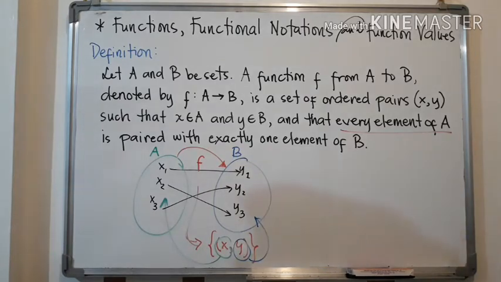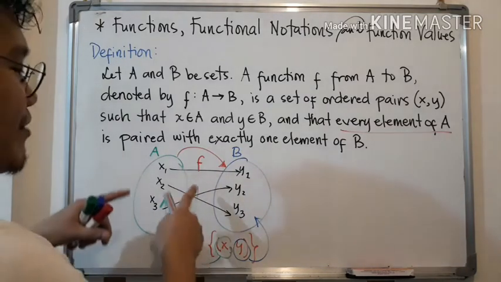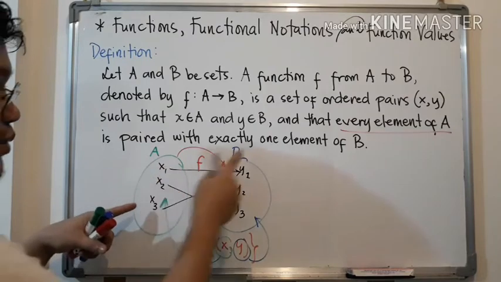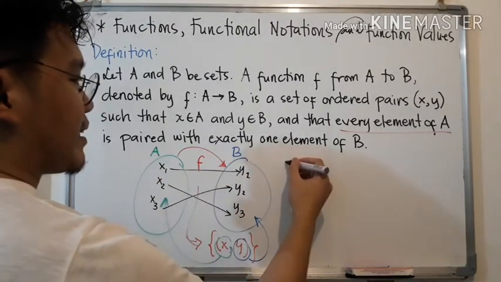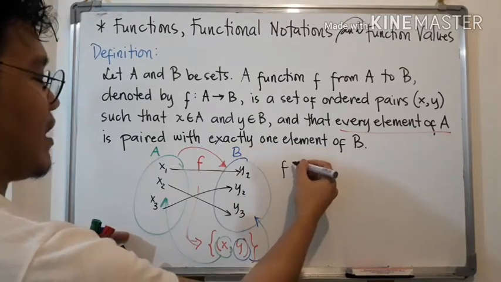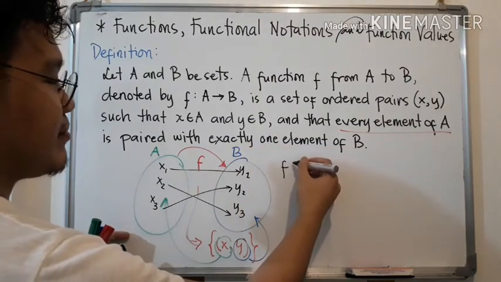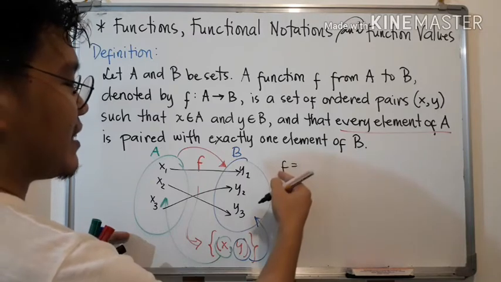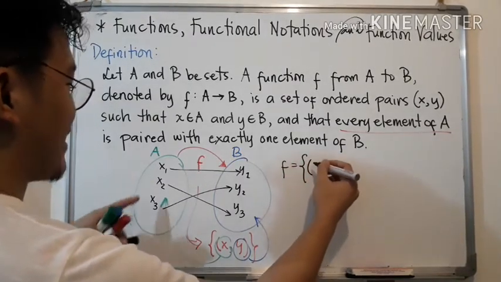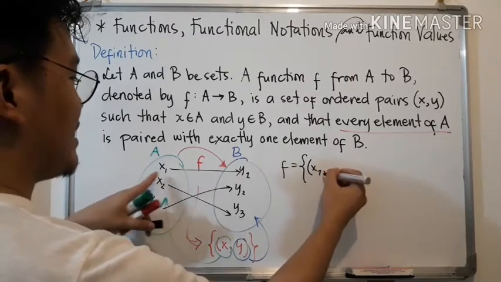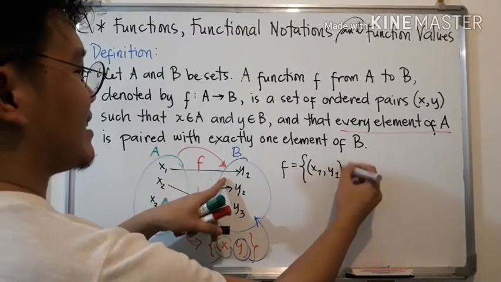Okay? Now, so we map set A to set B, and so we get these functions. The function f is the set of ordered pairs x sub 1, y sub 1.